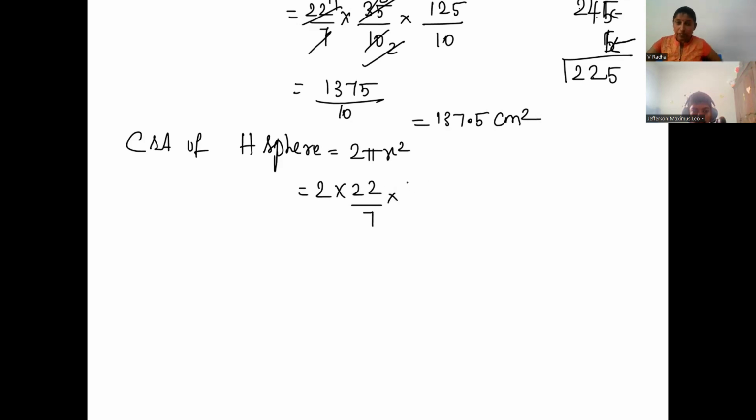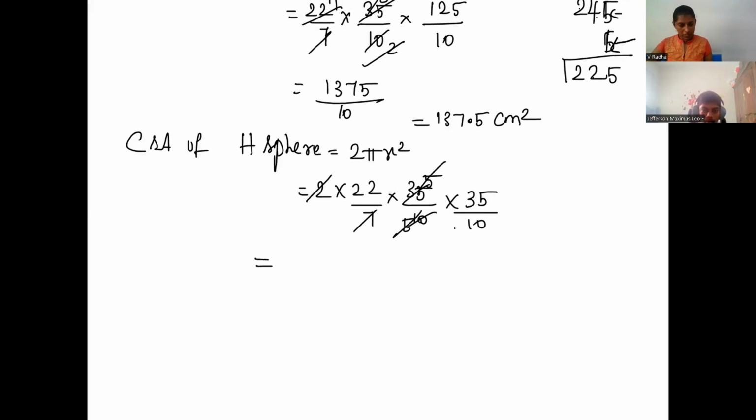Radius 3.5. We can write 35 by 10, 35 by 10. 1, 7 here 5. 1, 2 here 5. And this 5 gets cancelled. Just multiply 22 times 35 and divide by 10. That is easy. Okay, ma'am.